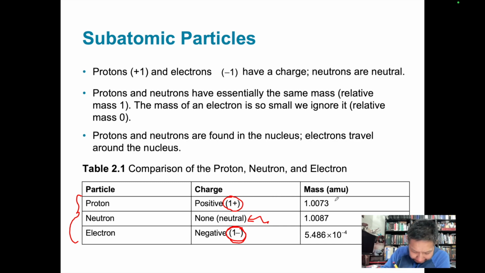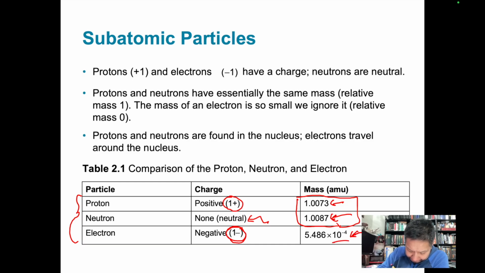And then you can see here the respective masses of a proton, a neutron, and an electron. The thing to note here is that neutrons and protons are actually very similar in mass, a little bit more than one atomic mass unit. And then electrons are tiny, tiny, tiny.